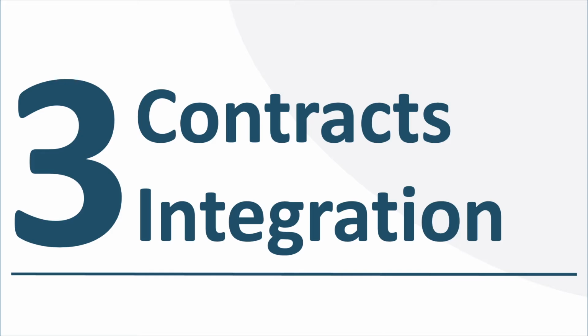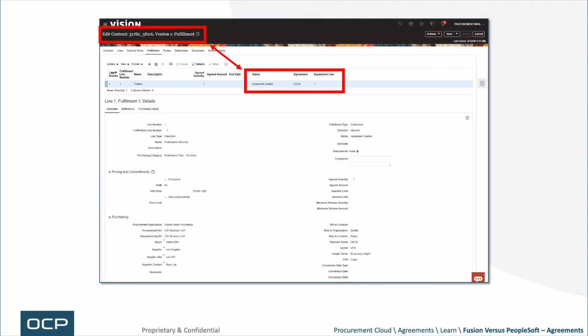Next, contracts integration. As you can see here, the agreement is actually created, or really I should say should be created, as part of a contract. What that does nicely is it allows the rec to go to either the sourcing event and/or the contract, but the contract links to the agreement, which links to the orders.